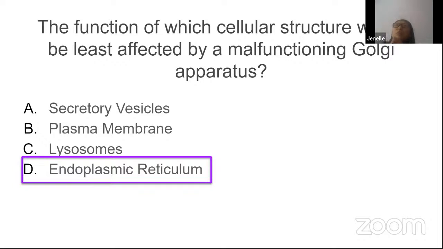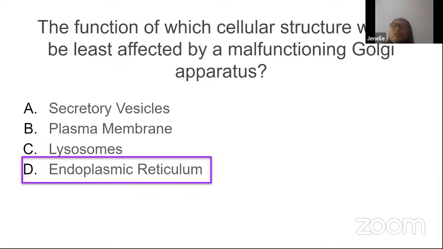Because usually when a Golgi apparatus is malfunctioning, or a certain process within a series of events, the processes that happen before that malfunctioning event would be fine. Every step afterwards would likely be affected.